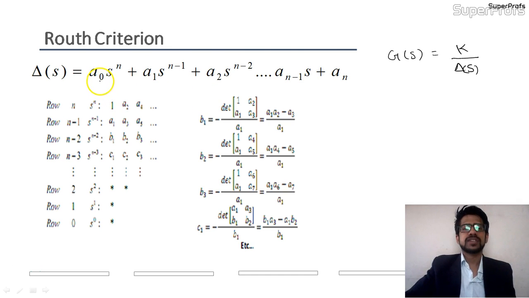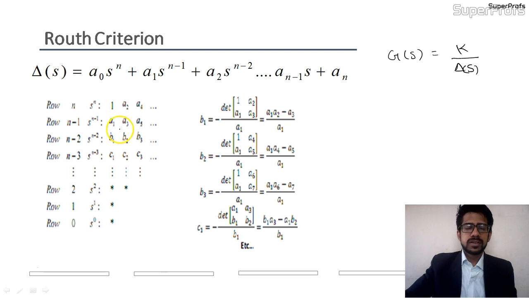So if the signs of a0, a1, a2 till an are all either positive or all negative, you will get a stable system. But if not all the signs are the same, maybe a1 is different than a2, then you have to find out the stability by following the rule that is mentioned below.